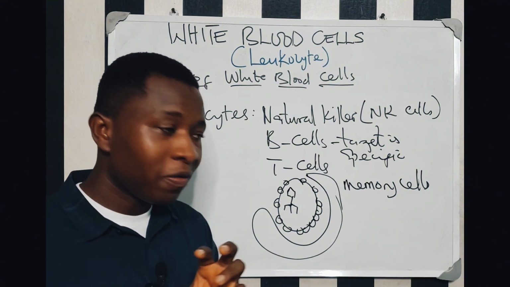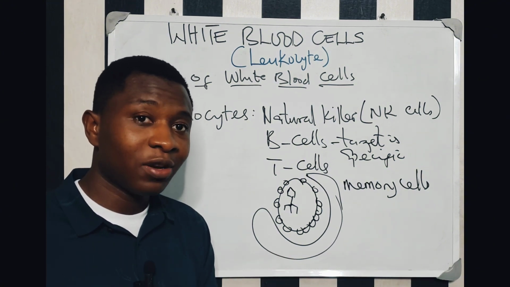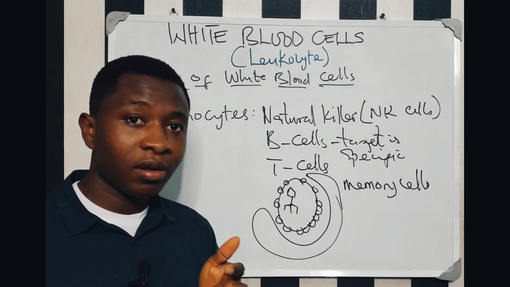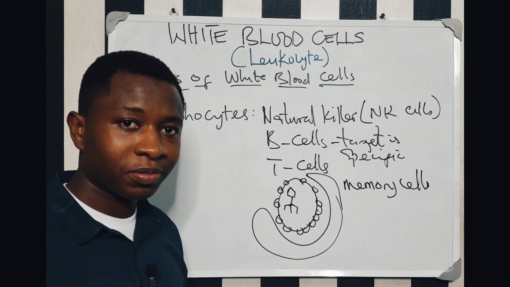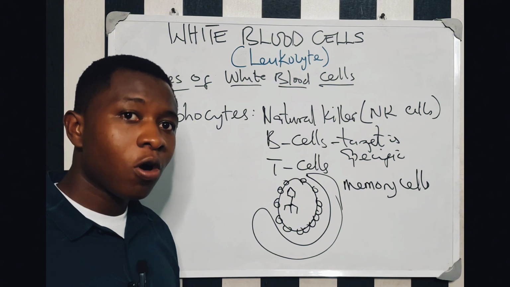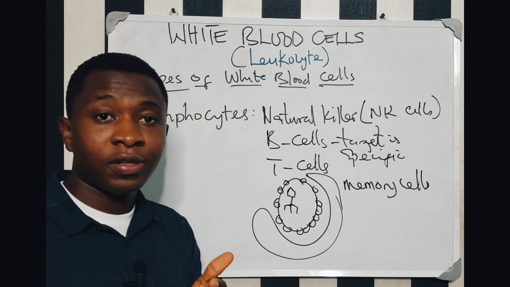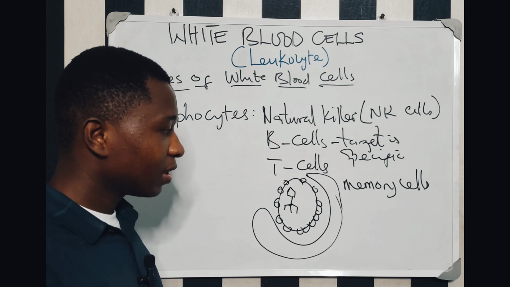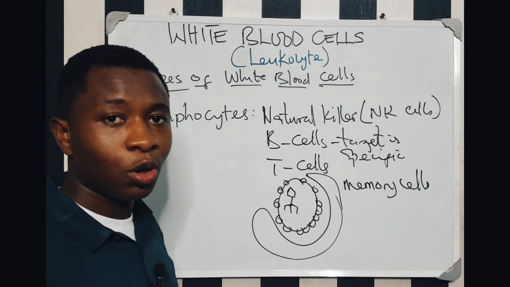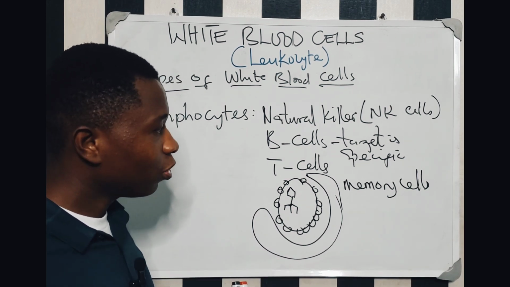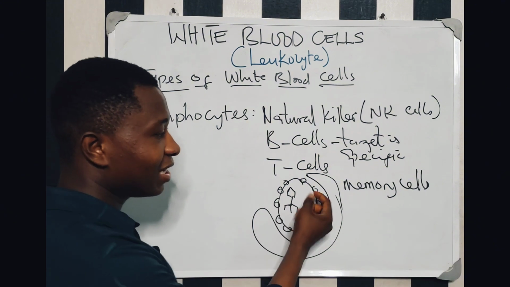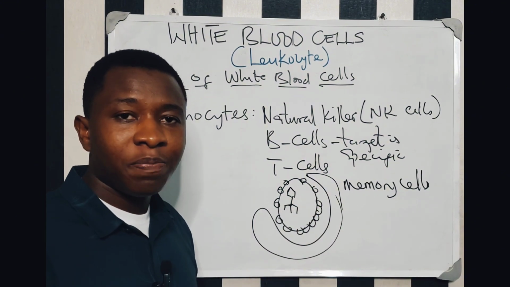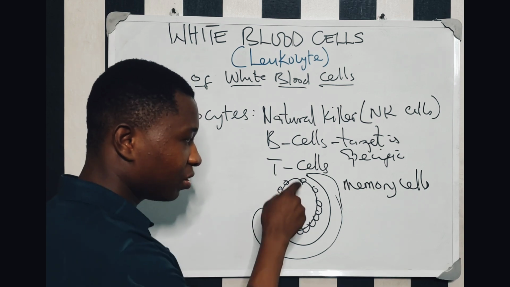Okay, so during vaccination, what is inserted or put inside your body is the microorganism or the foreign body. Now when these cells sense the entrance of a foreign substance, they begin to target the specific antigens, and by targeting the specific antigens, they begin to develop resistance to that particular antigen.